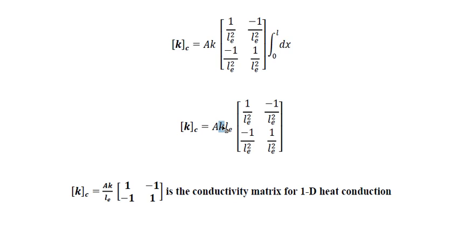So if that K is multiplied by the cross-sectional area A and divided by the length of the element, and by the matrix 1 minus 1, minus 1 1, that entire term becomes the conduction matrix of that element. We have derived the element conduction matrix, or element conductivity matrix, for 1D heat transfer. The suffix C represents conduction. I hope you have understood.